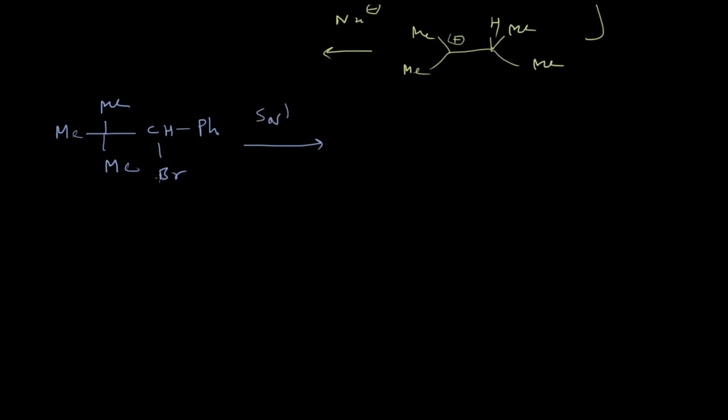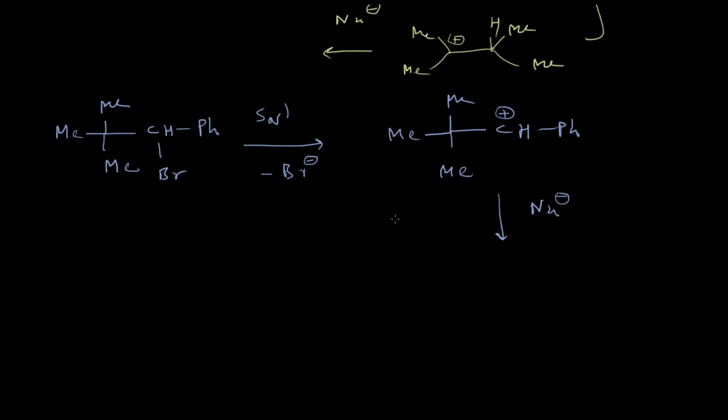If we subject this substrate molecule to SN1 condition, then after dissociation of the bromide, the newly formed carbocation does not undergo any rearrangement. It gives rise to the product without undergoing any type of rearrangement.